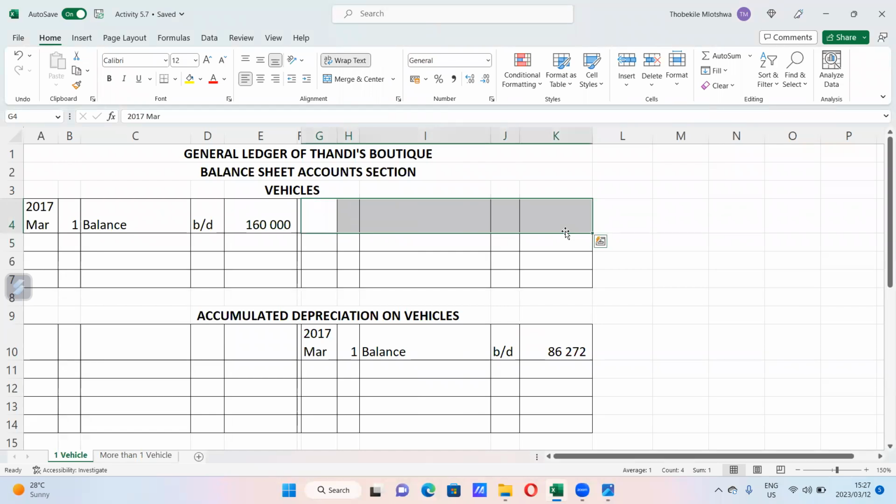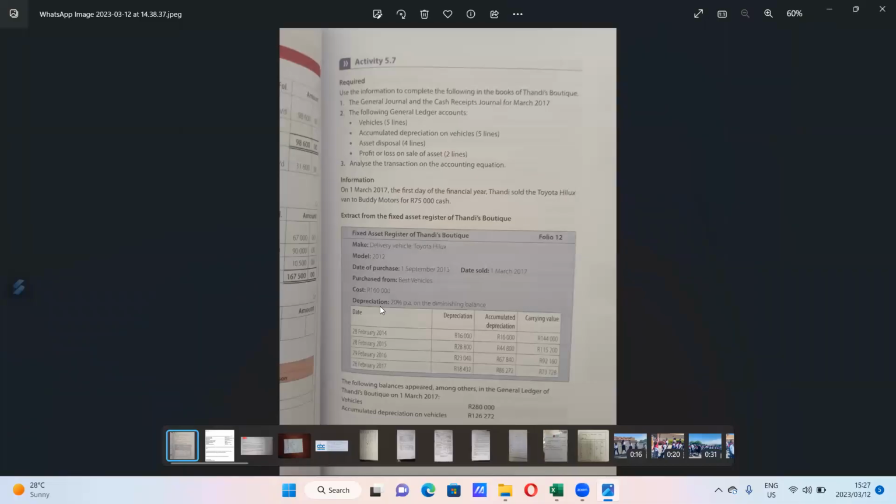Let's just do this. So just like everywhere else, we start with opening balances. So the first day of the financial year, balance brought down, and the Toyota Hilux was purchased for 160,000, as you can see. That is the only vehicle we have, which means our vehicles account only has 160,000. And then we go to accumulated depreciation.